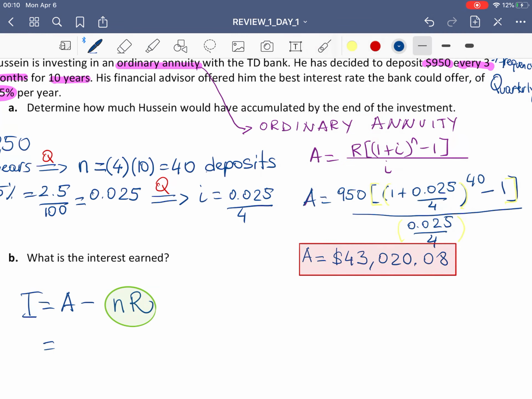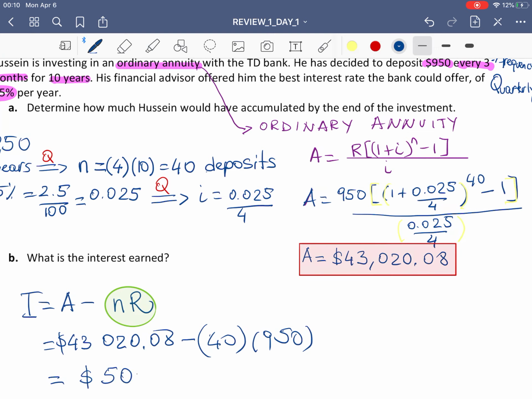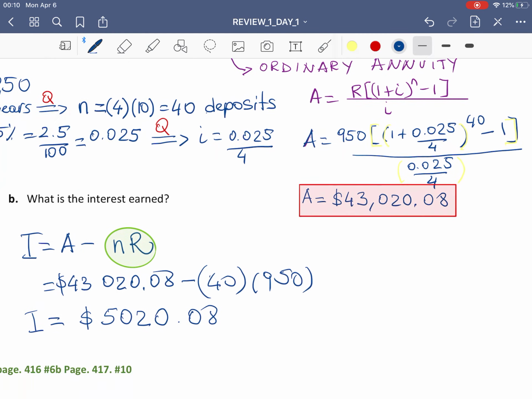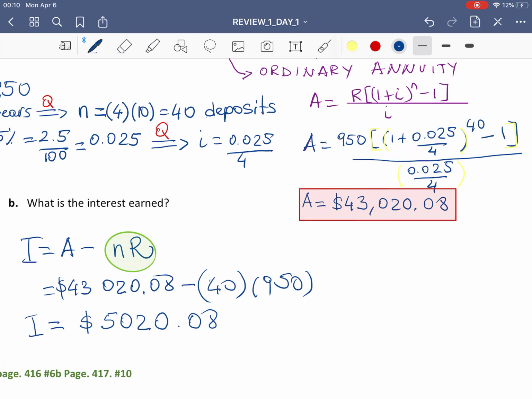So that would be equal to $43,020.08, take away 40 payments of $950 each. So the interest earned in this case would be $5,020.08. That's the interest earned.